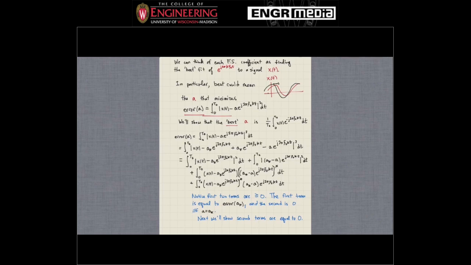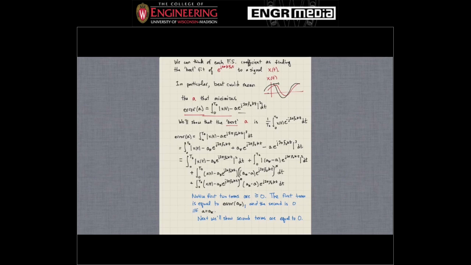And so one measure of that is we can just take the integral of the difference between the two signals, right? One signal being the original signal x of t, and the other signal being the complex exponential with some amplitude and phase scaled by this complex number.